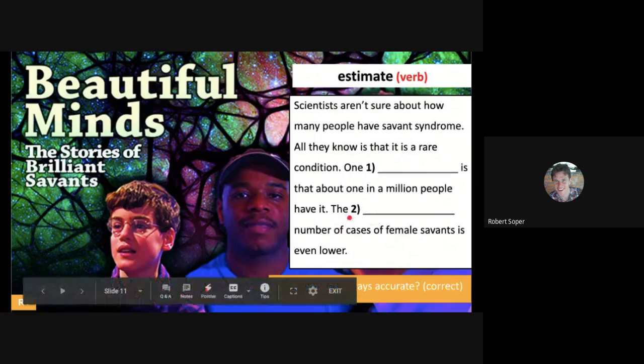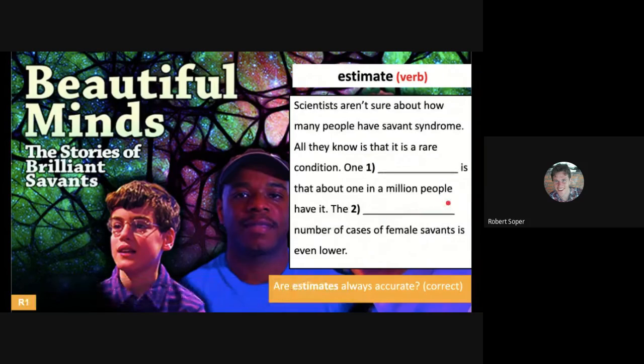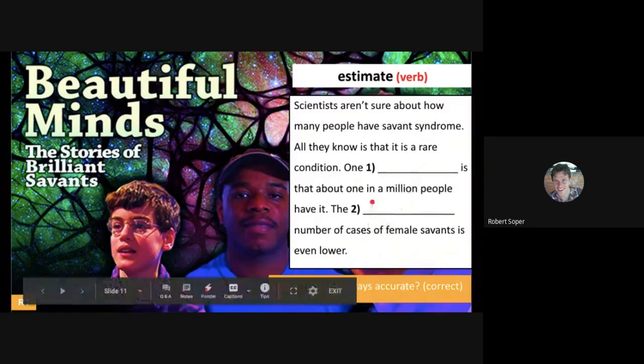Number two, the estimated number of cases of female savants is even lower. So here we're going to have estimated. That's not being used as a simple past verb, it's being used as an adjective. It's an adjective describing basically the number, or the number of cases.